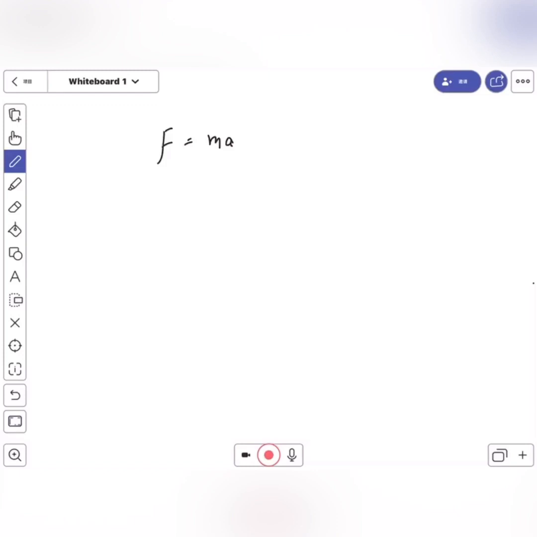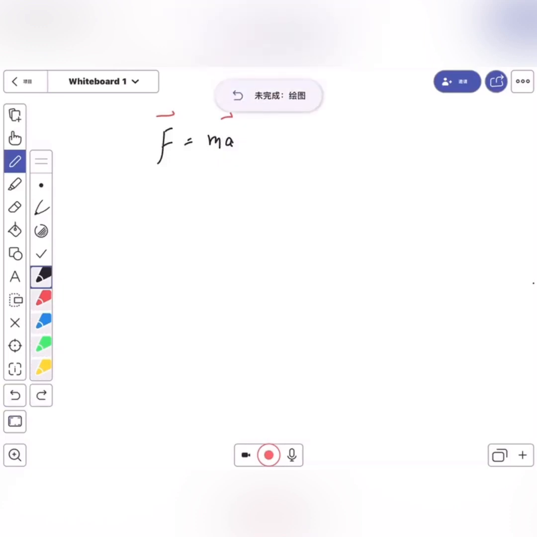To be more official, there's an arrow here, because force is actually a vector and acceleration is also a vector. So what is a?